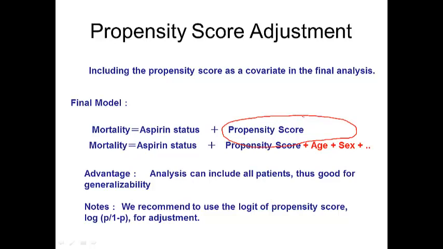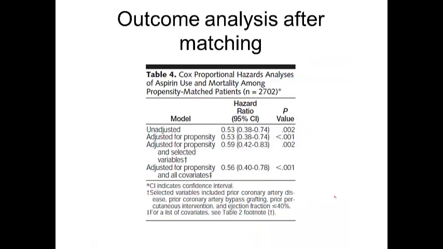And in propensity score adjustment, instead of using the predicted probability, it fits better or may improve power if you transform the predicted probability into the logit form, which is the log of predicted probability over 1 minus predicted probability. You can easily compute this in SPSS. And this is what they did in their paper.